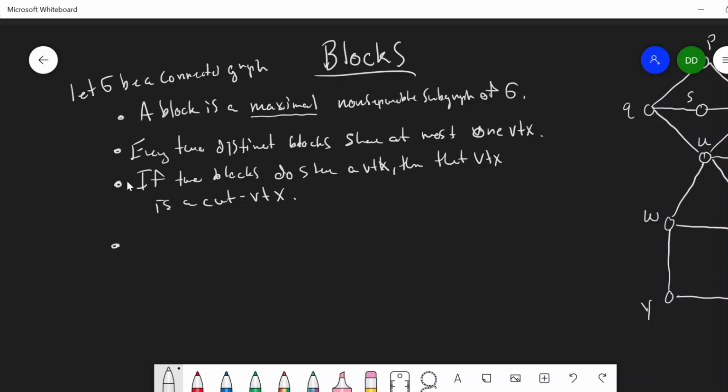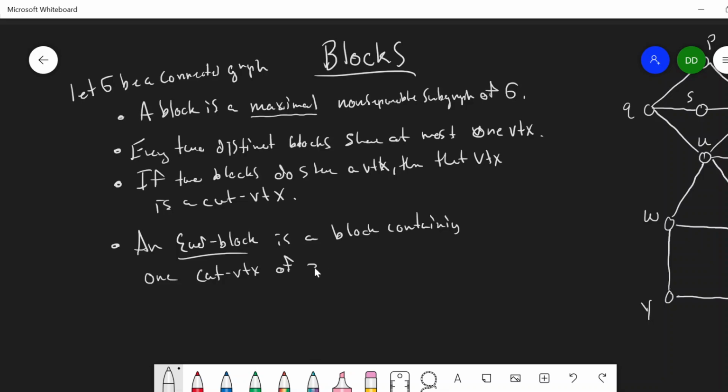And then lastly, we have another term. An end block is a block containing one cut vertex of G. Blocks will always contain cut vertices, otherwise we could include that cut vertex.